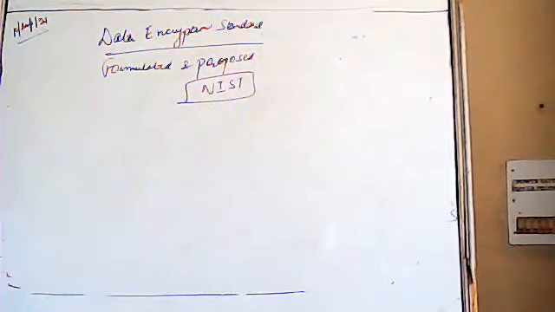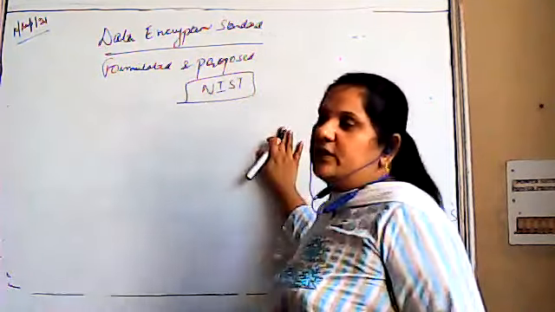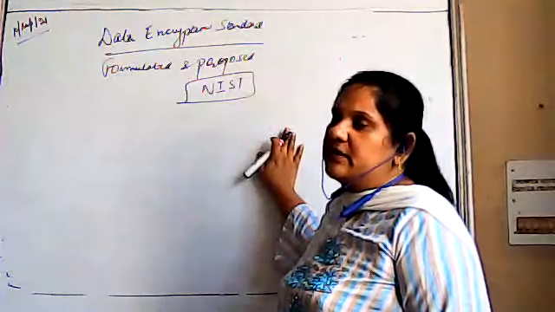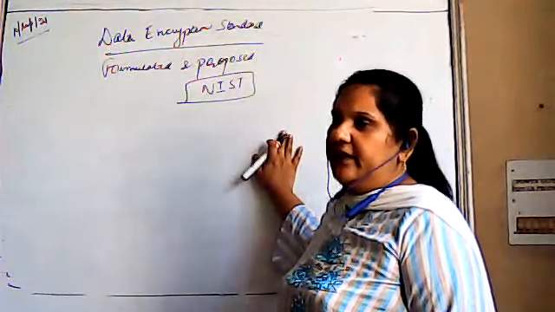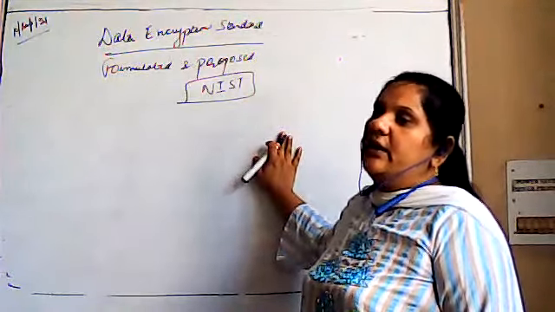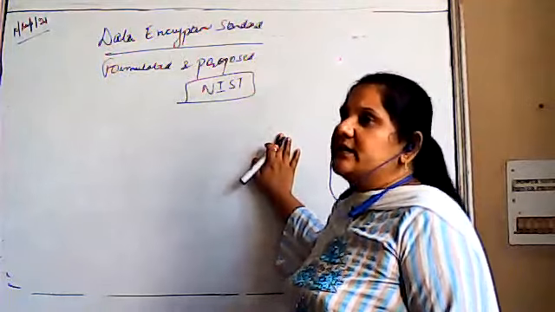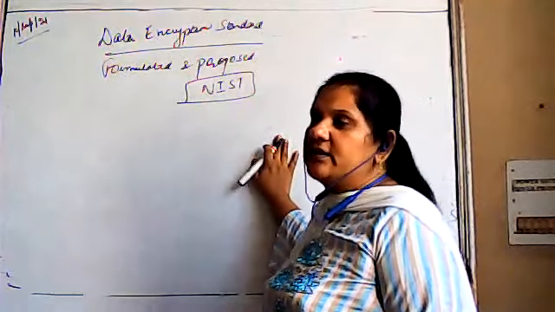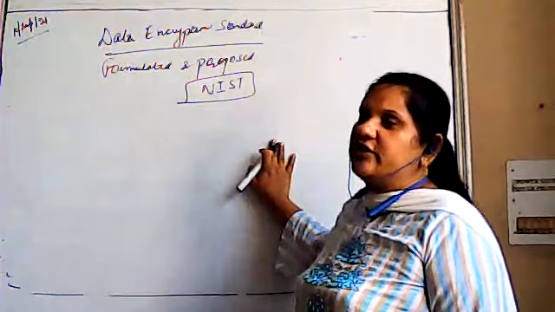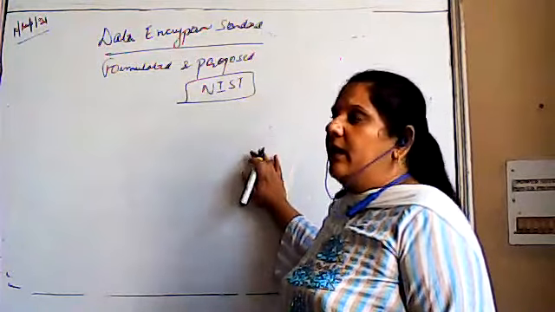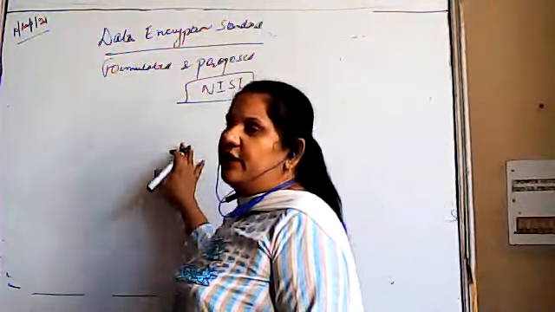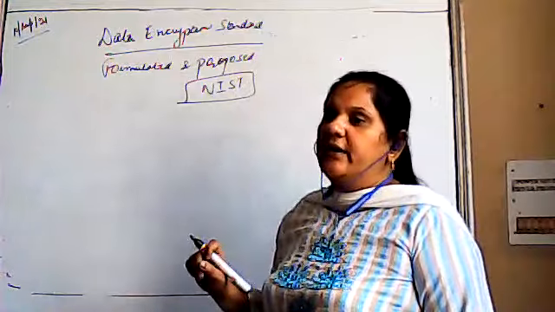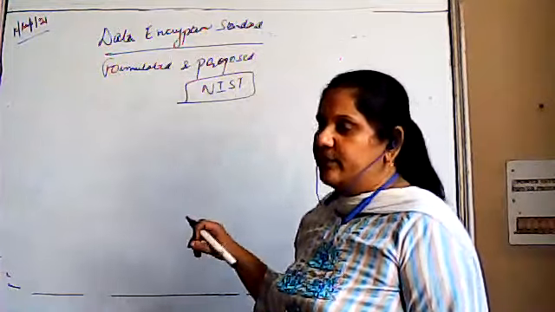NIST is an organization which usually deals with the security of the data being sent over the internet. It formulates the policies and procedures which govern the communication of data over the internet. Fine. So this is the organization.